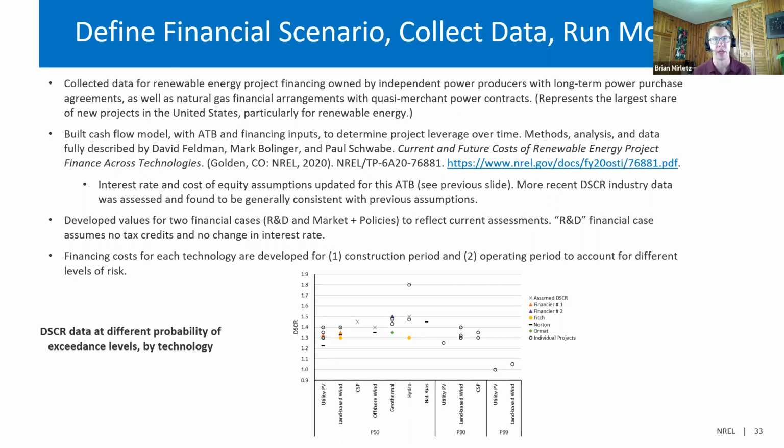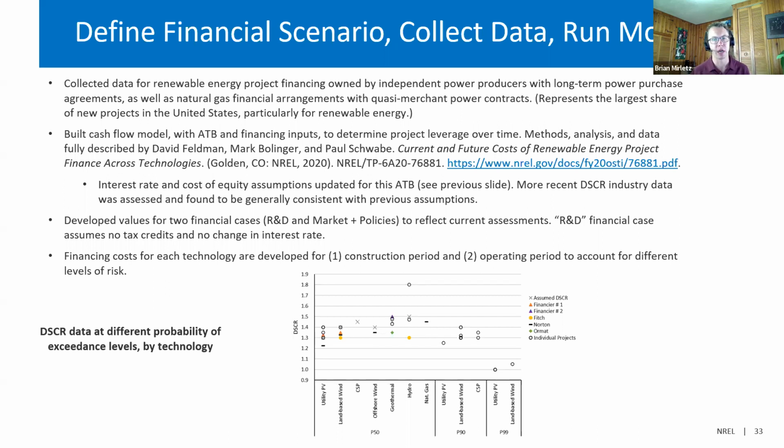That presented things like interest rates, rates of return on equity, and debt service coverage ratio. We've updated some of the values in that report to account for the recent increase in interest rates that was published in 2020, and interest rates have increased a lot over the last year and a half. But we're still finding that the debt service coverage ratios there are generally consistent with previous assumptions. And so that's what's being presented there.